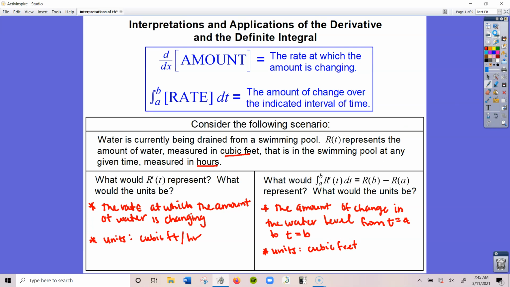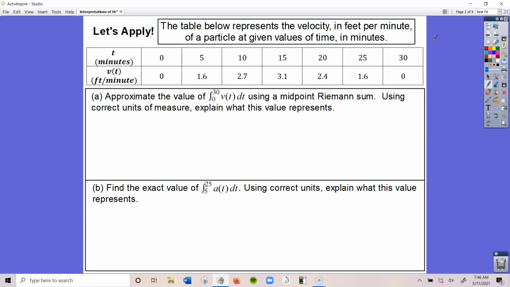Now let's start applying this to actual partial FRQs. It says here that the table below represents the velocity, in feet per minute, of a particle at given values of time in minutes. Approximate the value of the integral from 0 to 30 of v of t dt using a midpoint Riemann sum. Using correct units of measure, explain what this value represents.